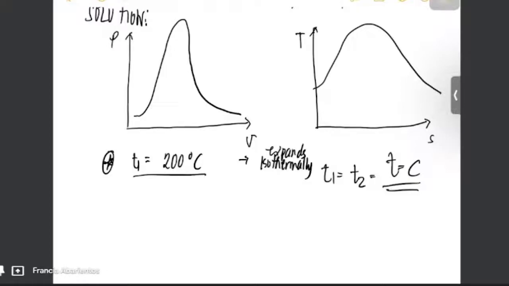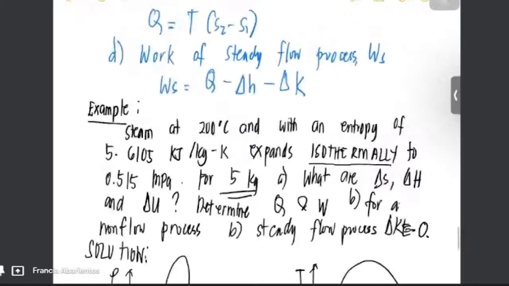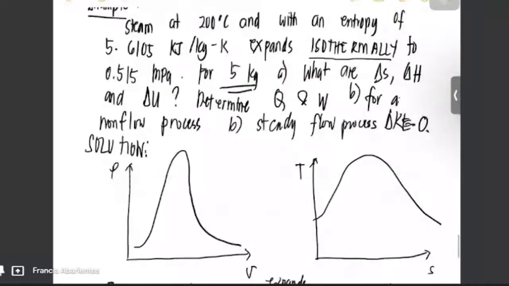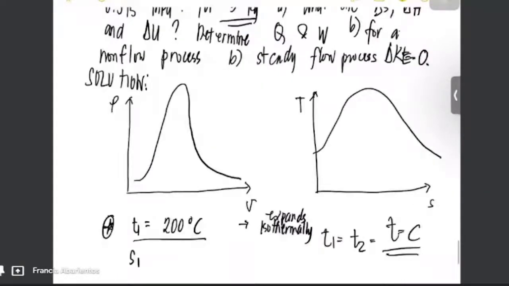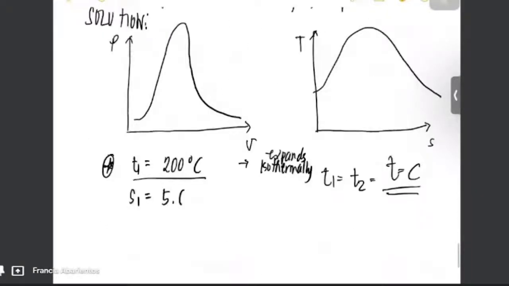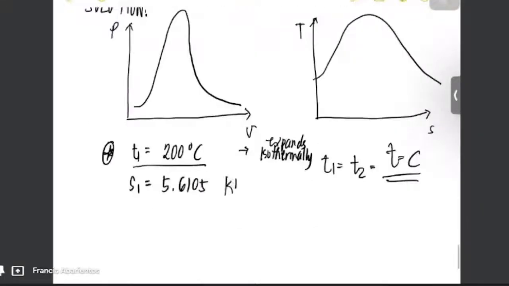So, what is the second condition given? Entropy. So, at 0.1, we have entropy 5.6105 kilojoule per kilogram Kelvin.